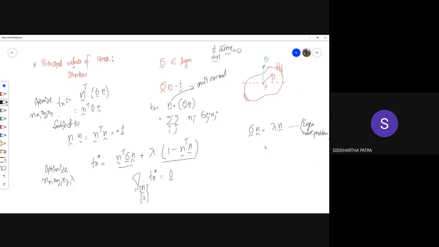And the one with lambda simply gives us n transpose n equals 1. This is a scalar equation, since it involves a dot product, and the other is a vector equation. So you are simultaneously satisfying 4 equations, and by satisfying those 4 equations, you will be identifying the 4 unknowns.